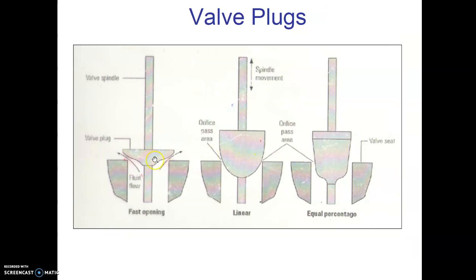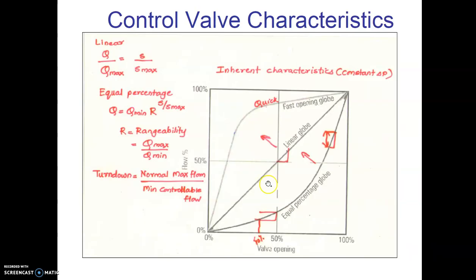So here we can see different shapes of the plug. This is for quick opening. This shape of the plug is for linear characteristics, and this shape of plug gives us equal percentage characteristics. These are the three natures of the graphs for the control valve characteristics.